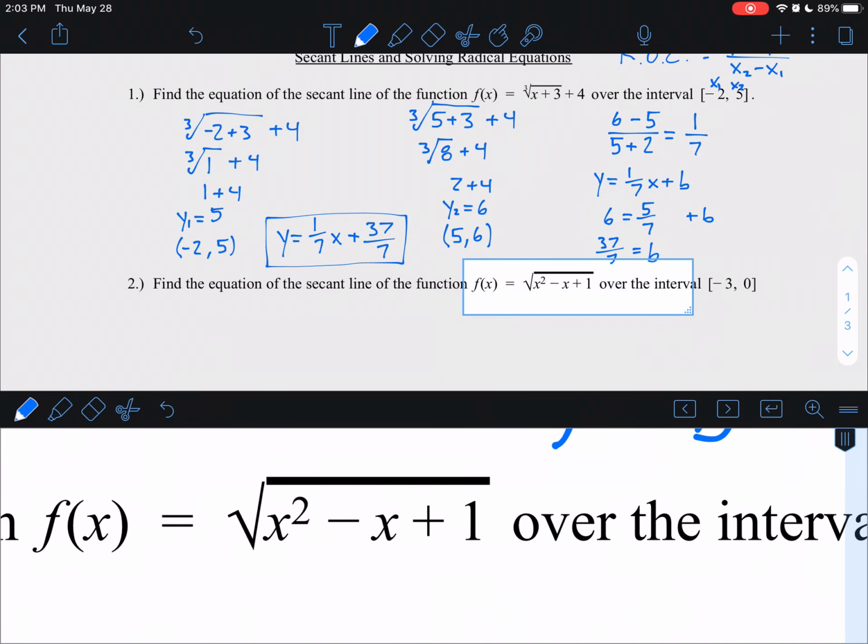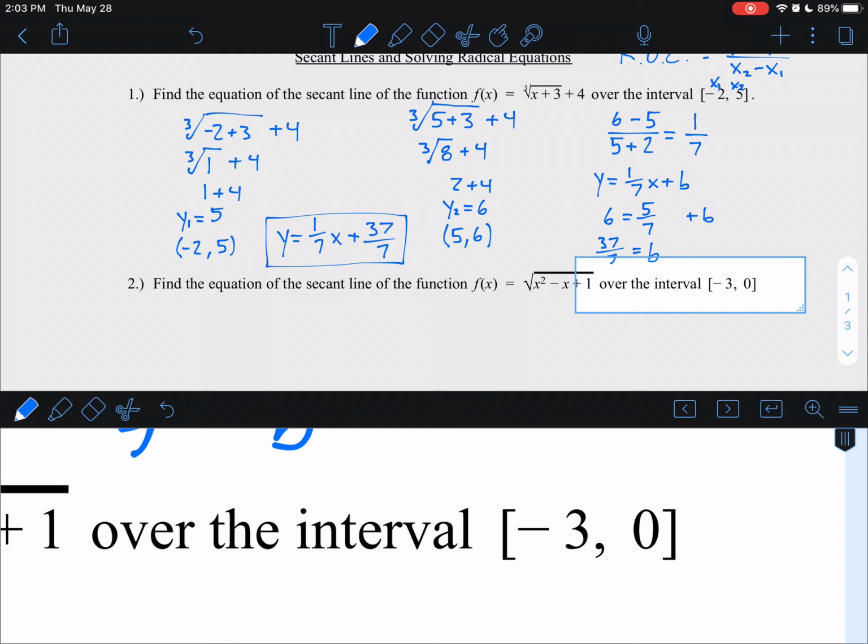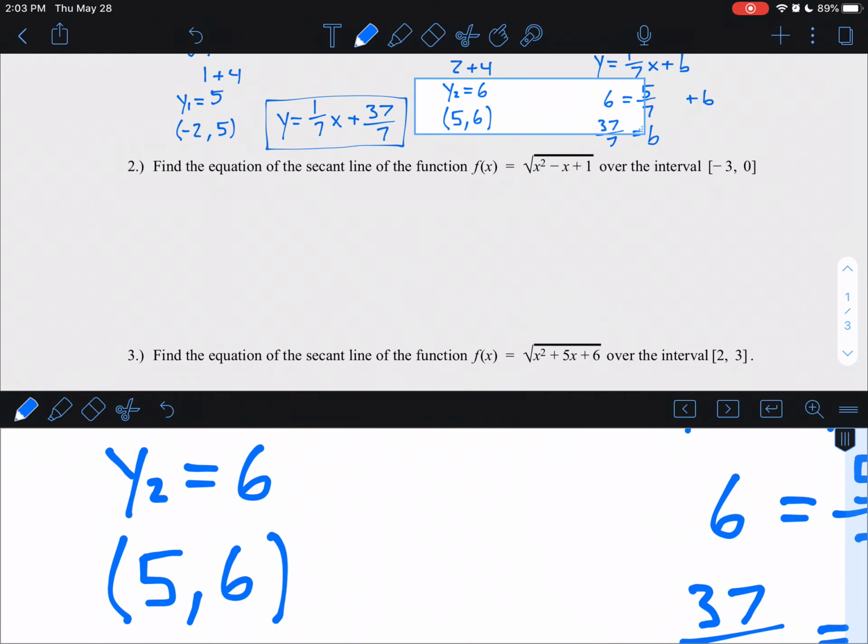So we want to find our secant line for -3 to 0 of the function f of x equals the square root of x squared minus x plus 1. So to do that, we are going to plug in our 2 points.